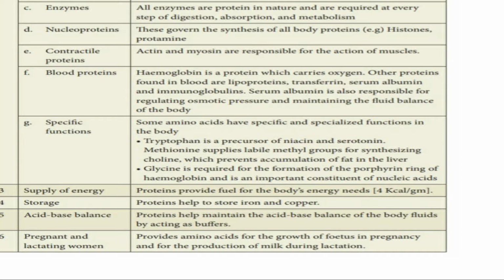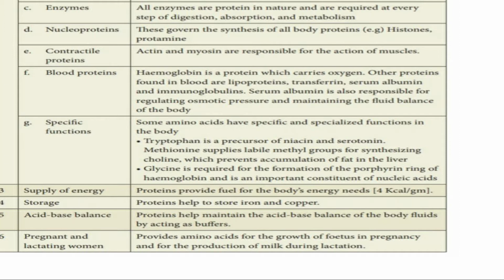Glycine is required for the formation of the porphyrin ring of hemoglobin and is an important constituent of nucleic acids also. Supply of energy. When you are not taking carbohydrates properly, at that time protein also gives energy; 1 gram of protein on oxidation gives 4 kilocalories of energy.